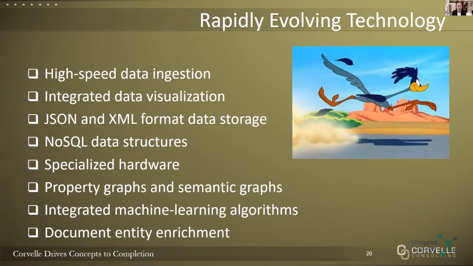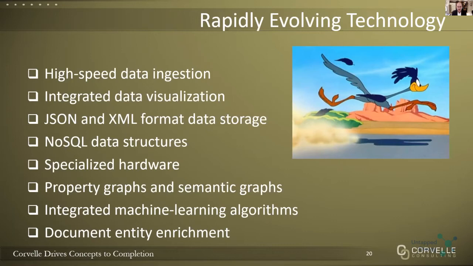We're also going to see specialized hardware, chips that perform much faster than the general purpose CPU chips. And we'll see a lot of application performance improvement from those chips. And we'll talk about them a little more later in the presentation. Support for both labeled property graphs that are simpler and semantic graphs that are more complex and more powerful.